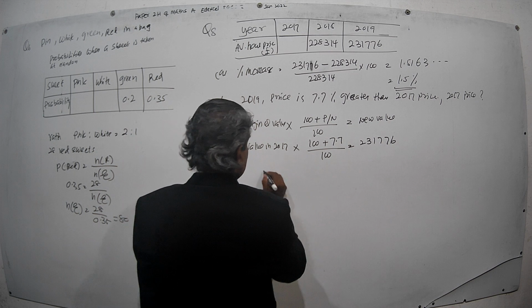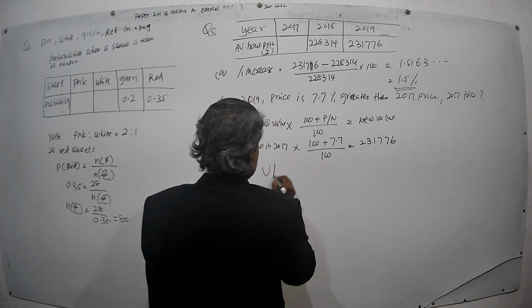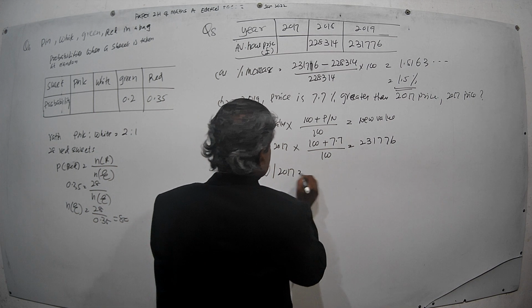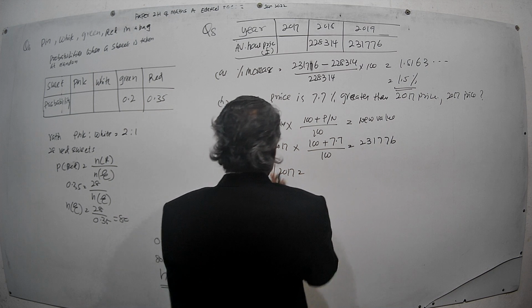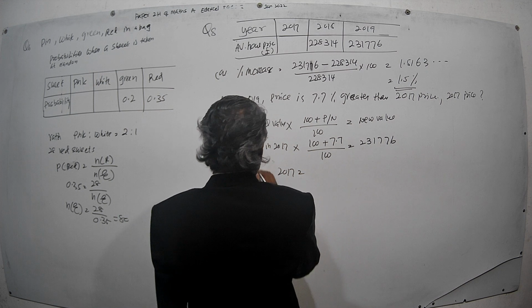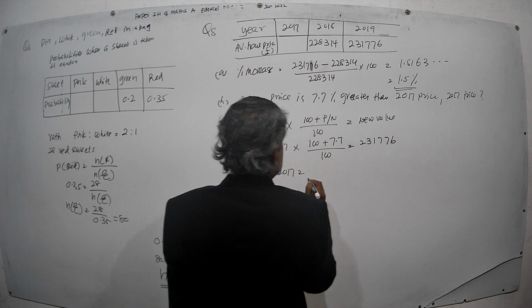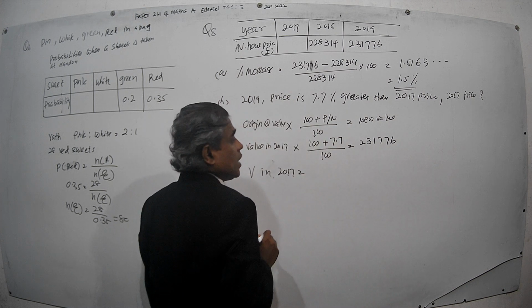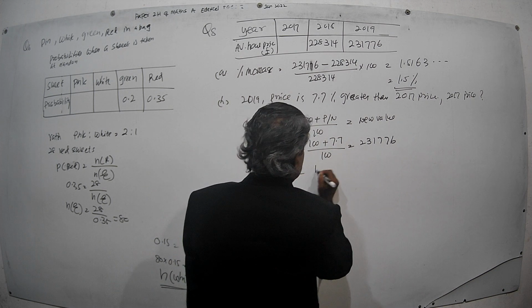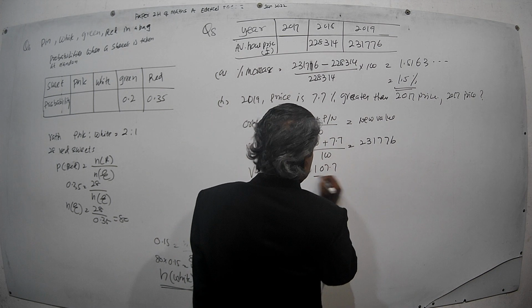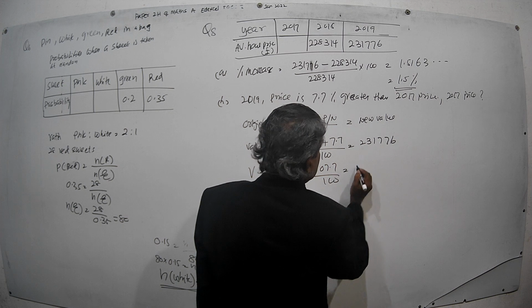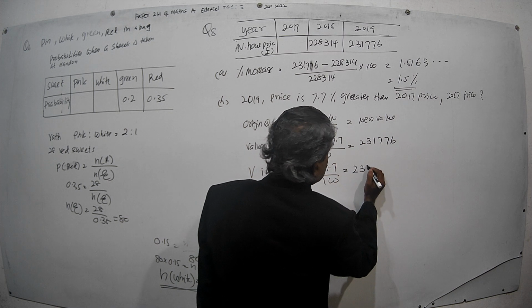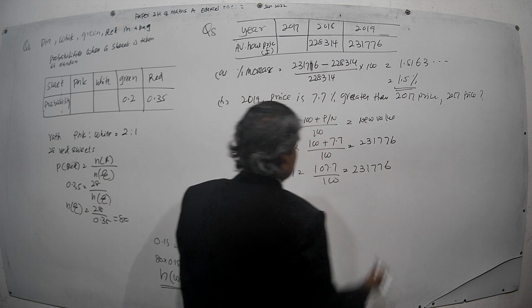Now you simplify this. Value in 2017 times 100 plus 7.7, which is 107.7, over 100, equals 231,776.